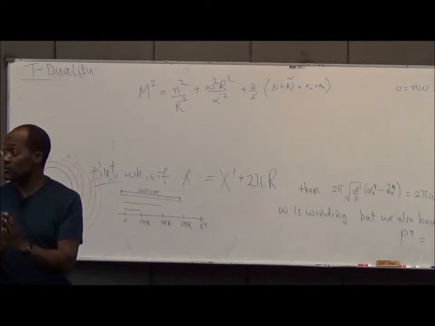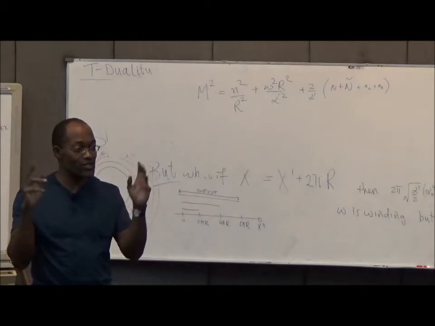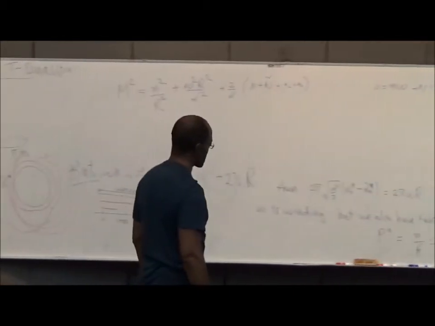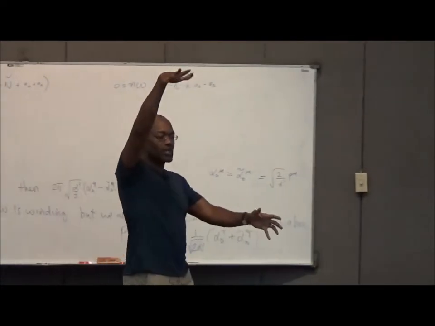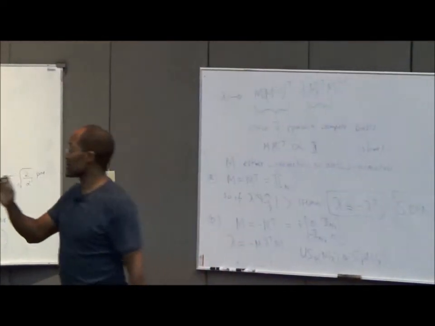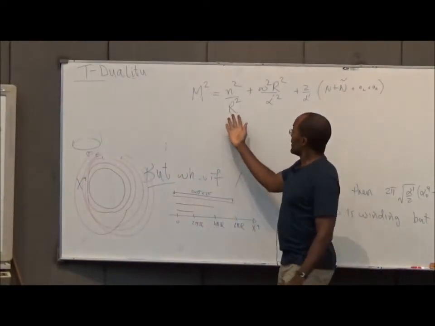The smaller the circle, the more massive those states are. That would have been the original sort of attempt at getting our world from higher dimensional theories. You don't see those Kaluza-Klein particles because they're too massive, because the circle's too small. Yeah? Here it is. Okay?